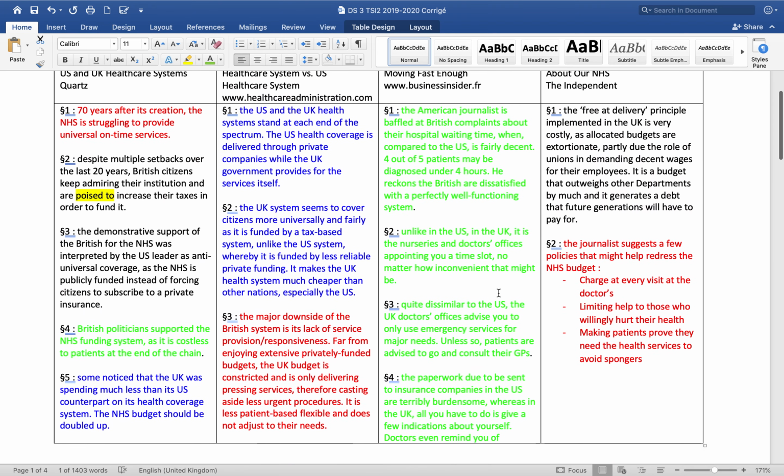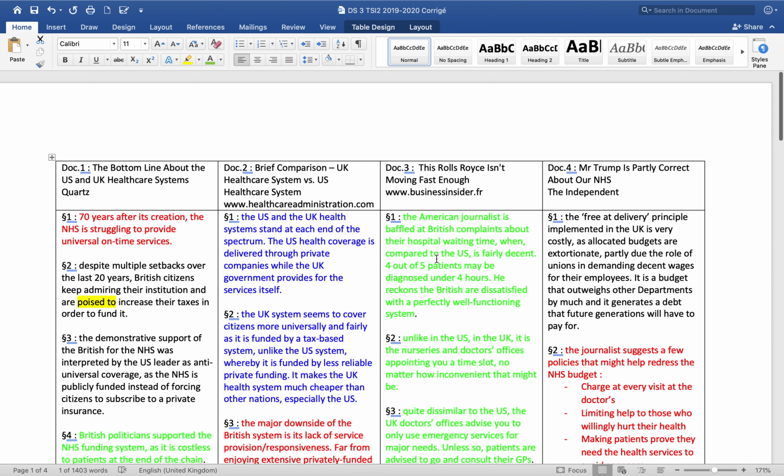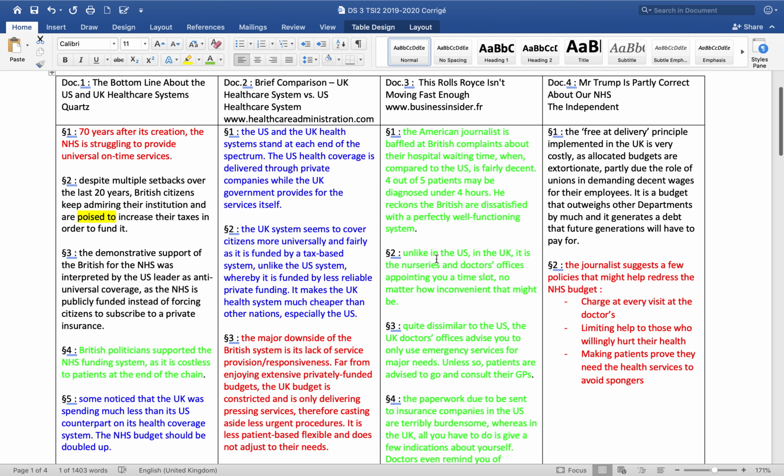Now, the third document was all in green because it was an American discussing the UK system. So an American looked at the British system, and couldn't understand why some people were criticizing it, because in his view, the system in Britain is much better than in his country, the US.